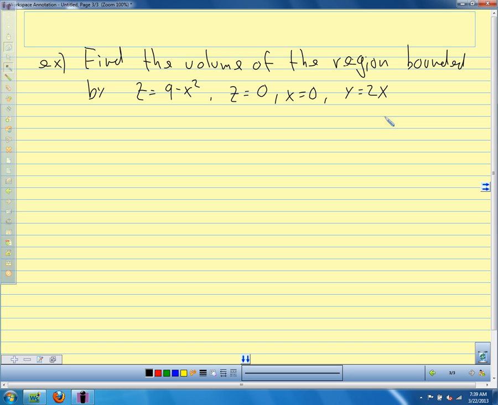So when we're setting these up, it can be helpful, just like with double integrals, to sketch our region.